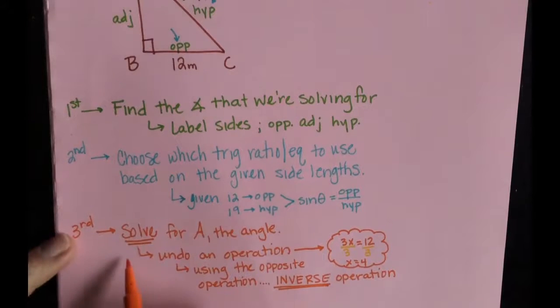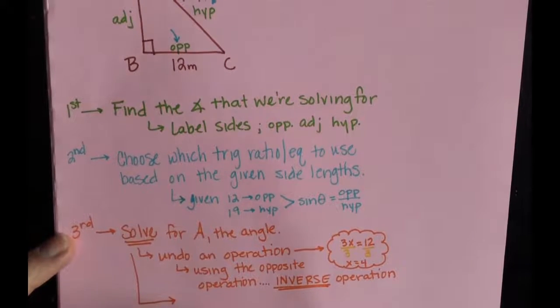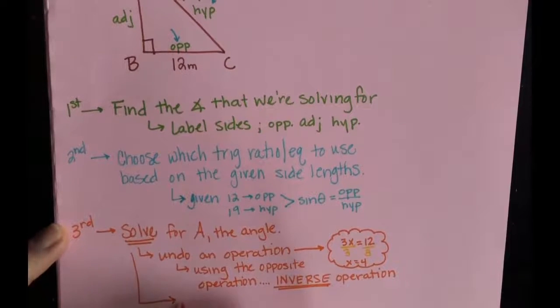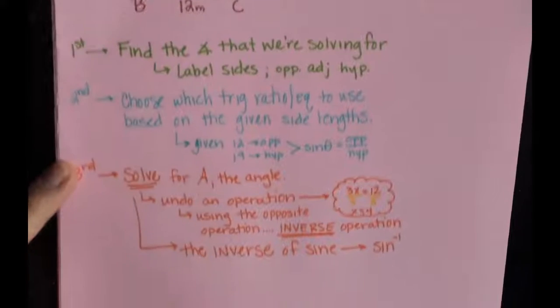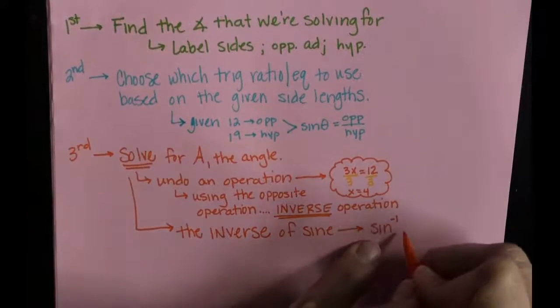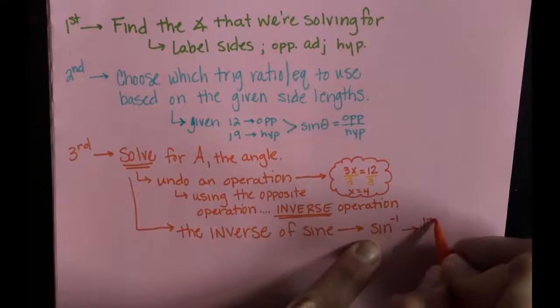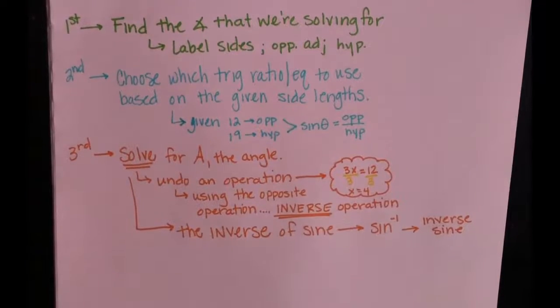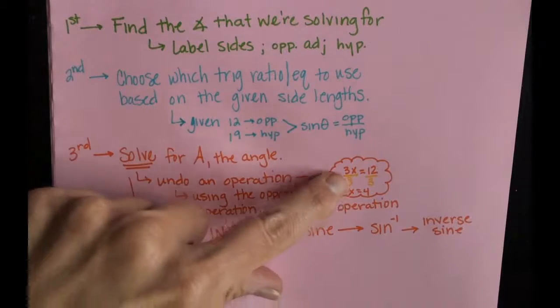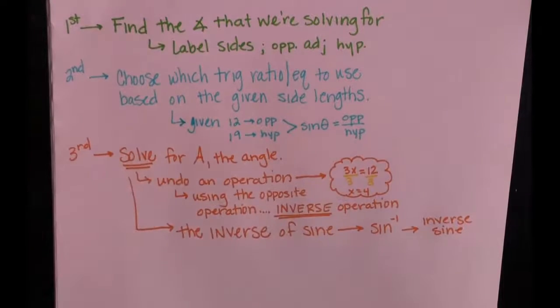So in order for us to solve for angle A, we have to use the inverse of sine. That's what it looks like on my calculator, and that's inverse sine. So it's going to undo sine like division undoes multiplication or vice versa.